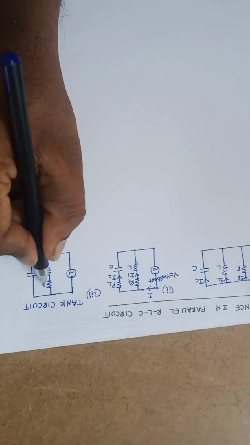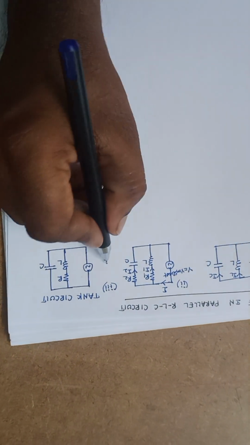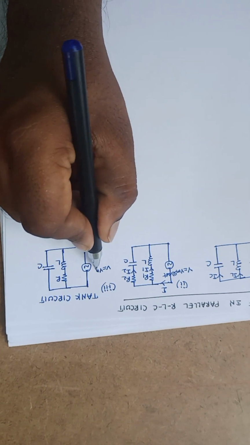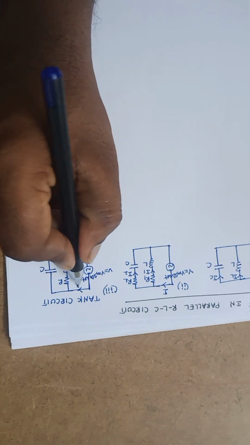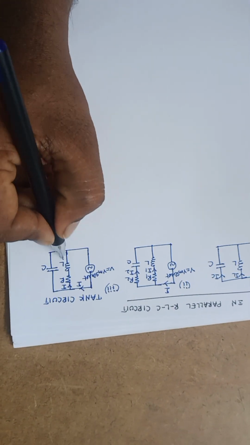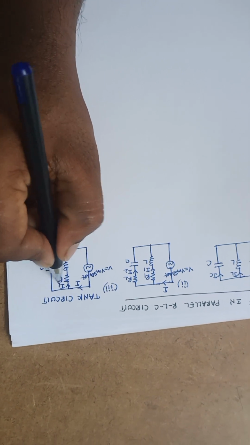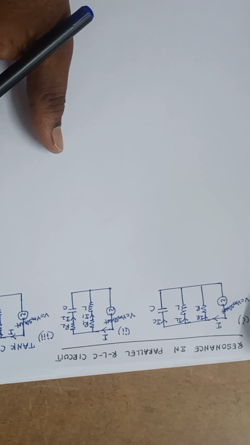So this is resistance, inductance and capacitance. V is equal to Vm sin omega t. This is the current I. Since it is inductance, let us consider it is IL, and IC is the current flowing through the capacitance. These three come under the parallel RLC circuits.